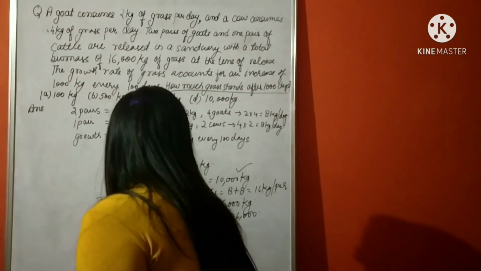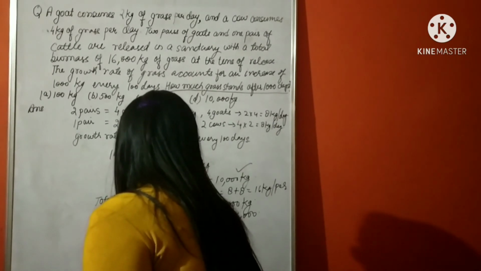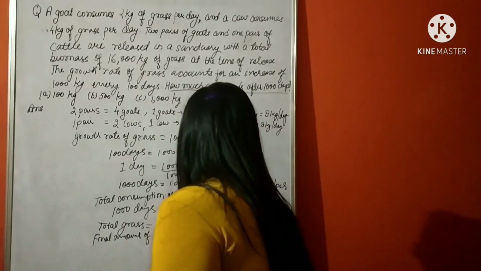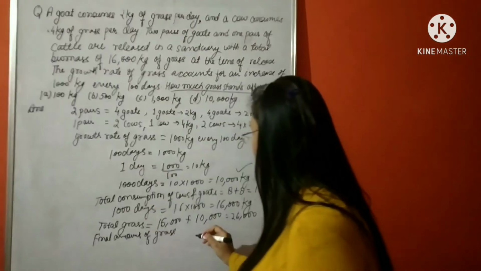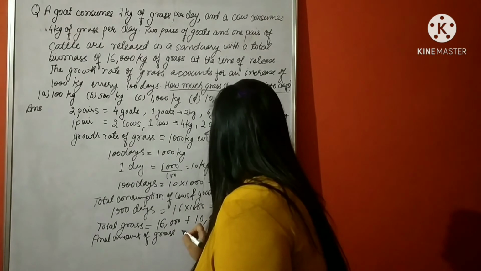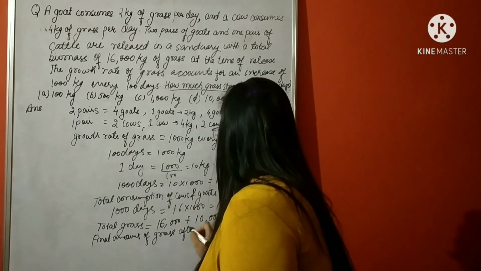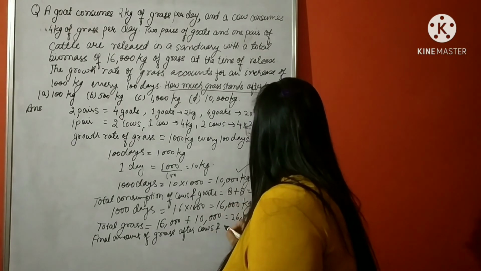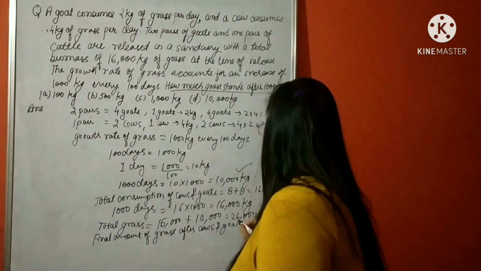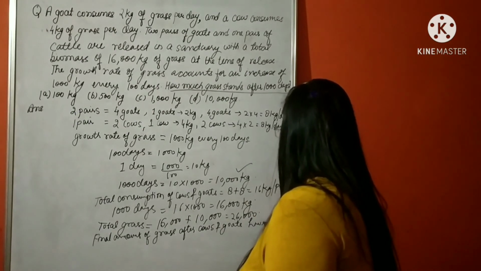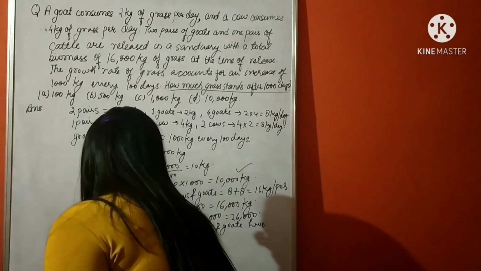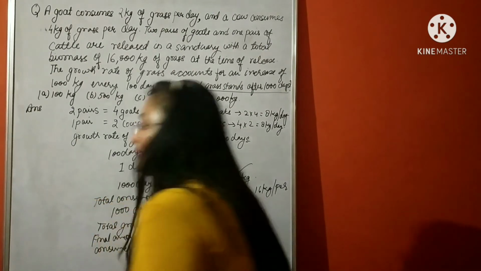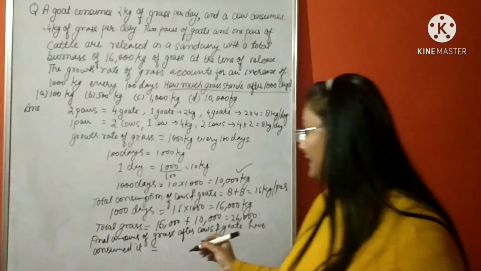And the final amount of grass after cows and goats have consumed it will be, how much will be the final amount?